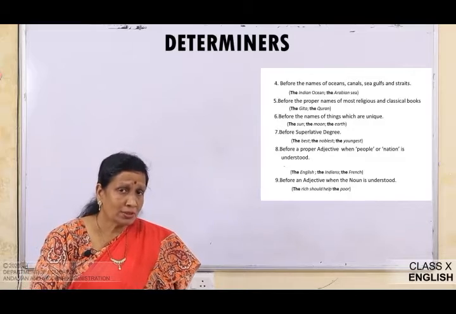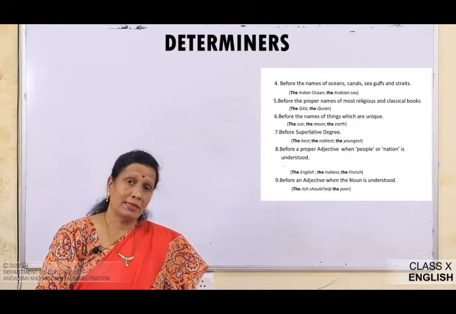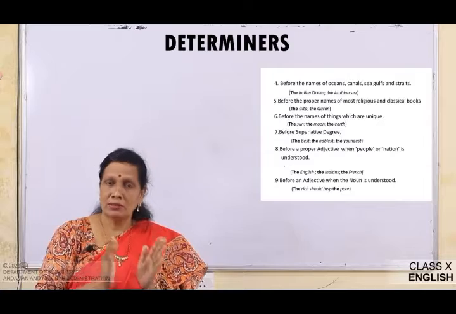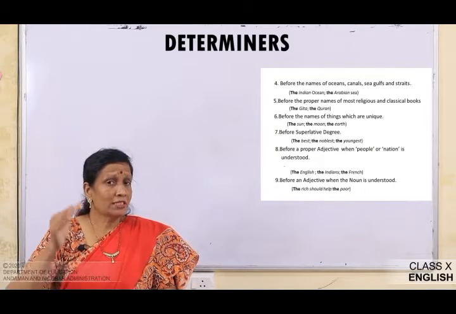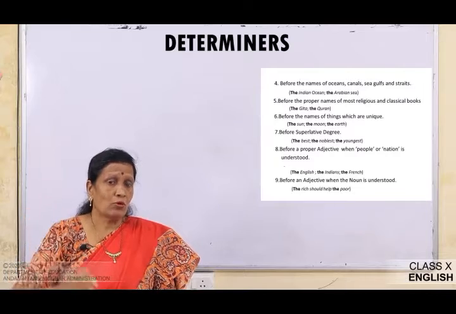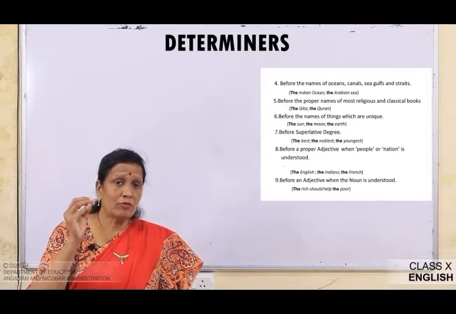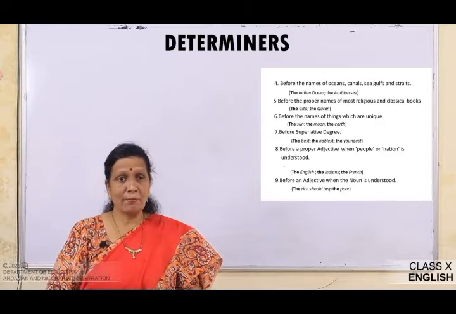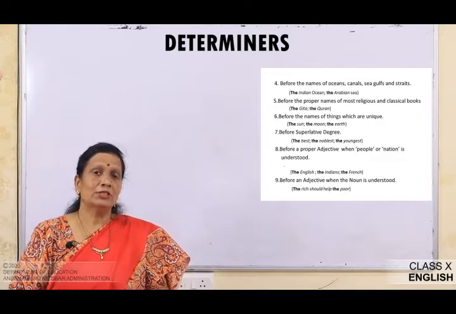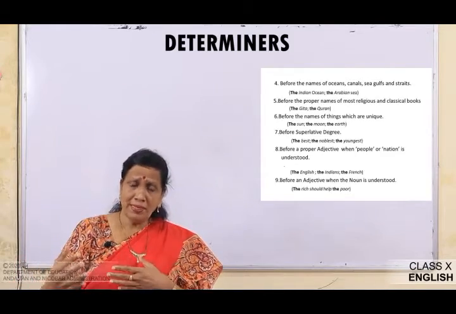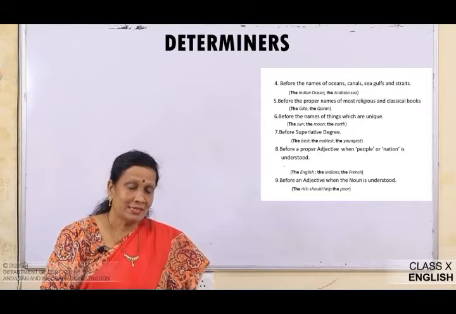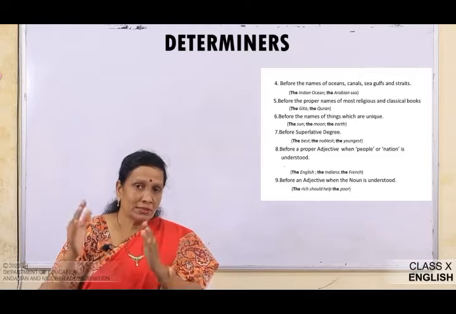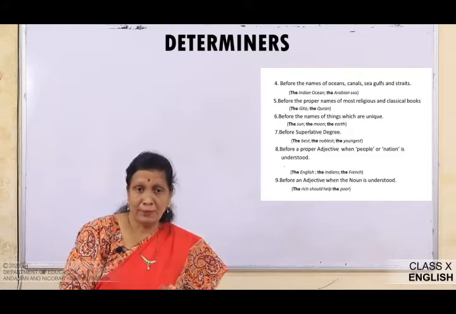You have learnt about the degrees in your upper primary classes: positive, comparative and superlative. Okay? Superlative means the best. So, you use the before superlative degrees. For example, the best, the noblest, the youngest, the highest, the tallest, the shortest. So, with the third degree you use the.